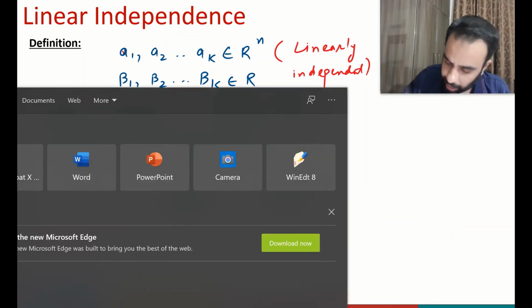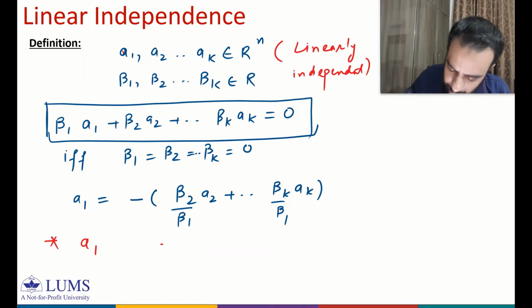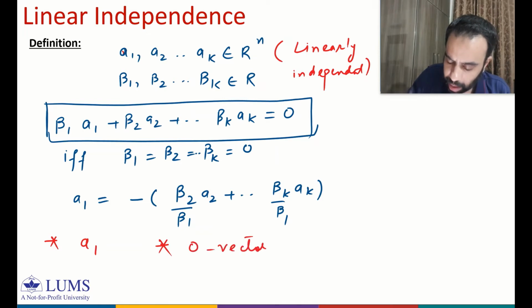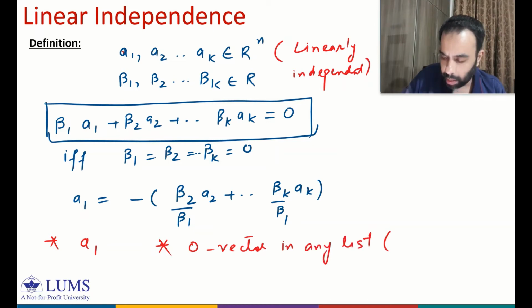And if we have a list that contains the zero vector, that list is for sure linearly dependent. So the zero vector in any list makes the list linearly dependent.